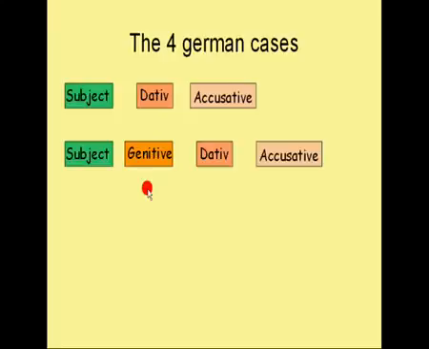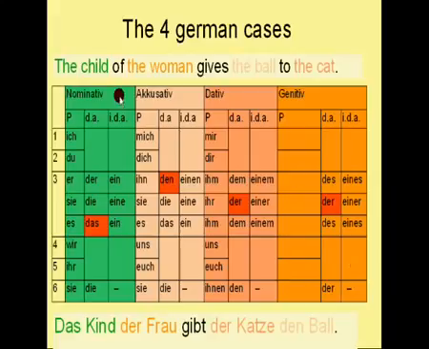Subject, dative and accusative case. Now let me show you how it is when the subject is the possessed one. Then we put the genitive case right after the subject, so it is between the dative case and the subject. For instance, the child of the woman gives the ball to the cat.